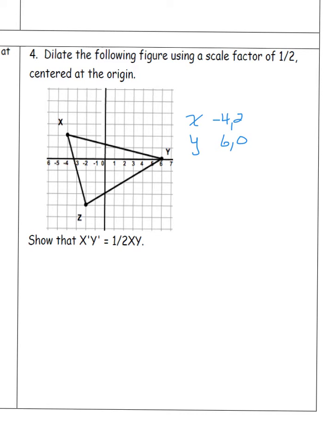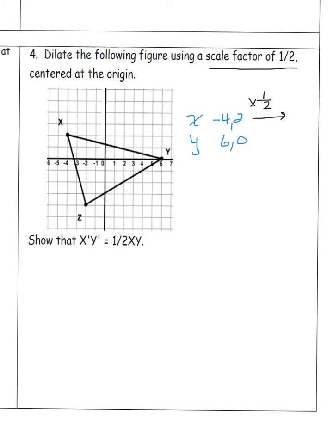Alright, it says I need to dilate these by a scale factor of 1/2. So that means I need to take all of these numbers and multiply them by 1/2. So everything is going to get multiplied by 1/2.